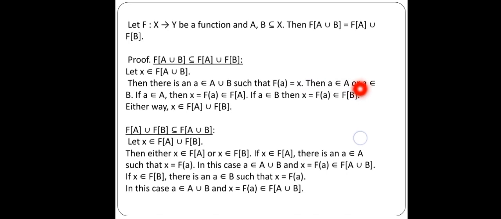Then a is an element of A or an element of B. If a is an element of A, then x is equal to f of a, an element of f of A.